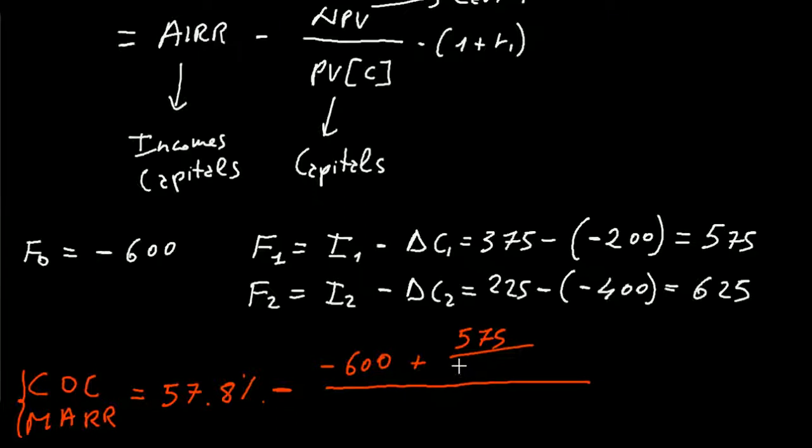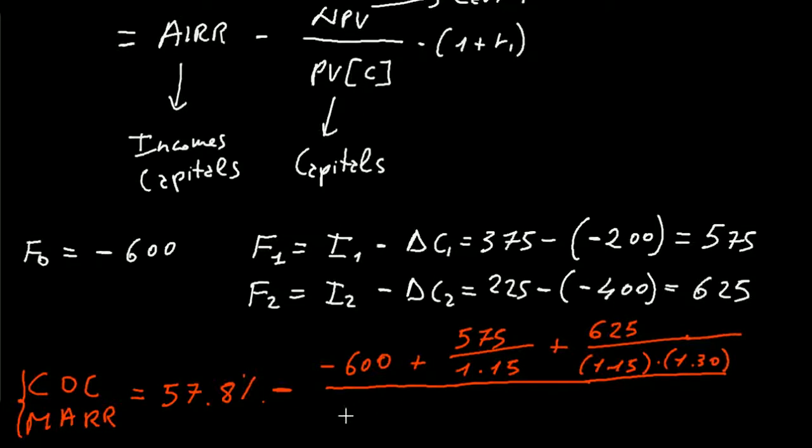We discount it back by one period at 15%, which is the first period cost of capital, and then we discount $625 by two periods at 15% for the first period and at 30% for the second period.